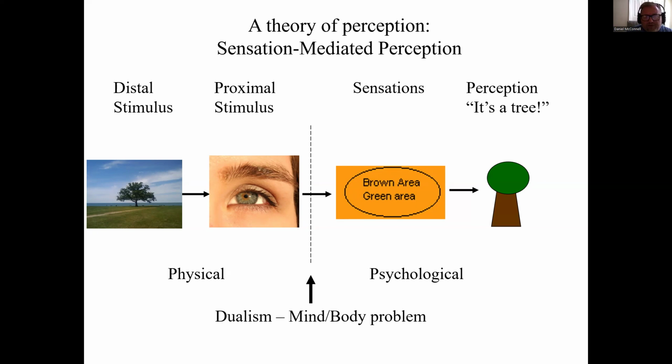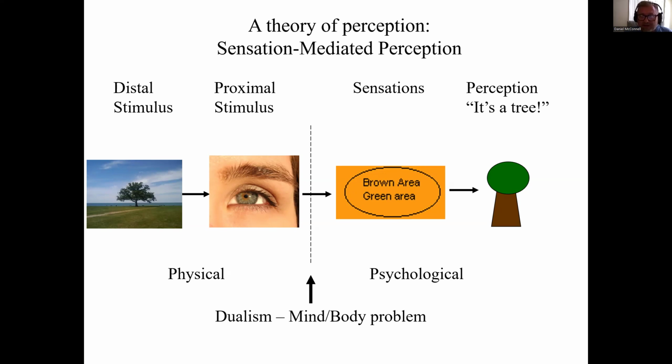So then the arrow that goes from the tree to the eye is light. Light reflects from the tree and makes it into somebody's eye. And that also is a stimulus, right? It's a stimulus now that is much more up close to us, and it is coming into actual physical contact with our sensory surfaces.